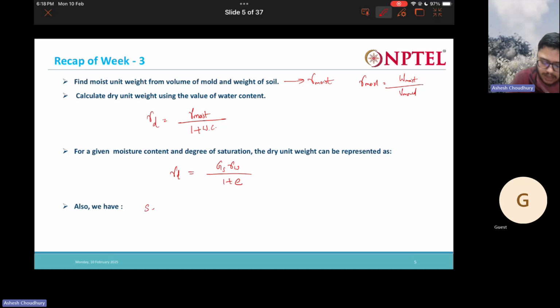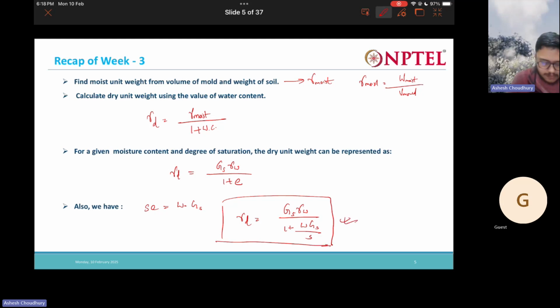Now also we have what? Se equal to w into Gs. This also we know. So if we replace e with that, we will get Gs γw by 1 plus wGs by S. This is one more relation that we can obtain.